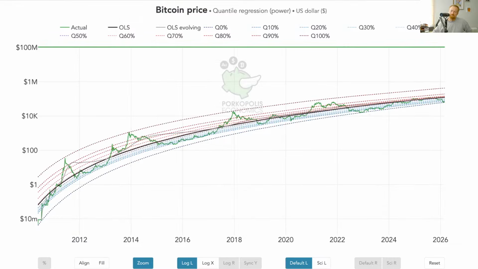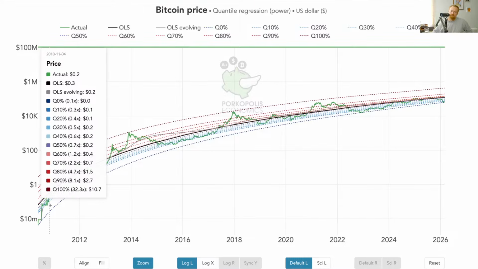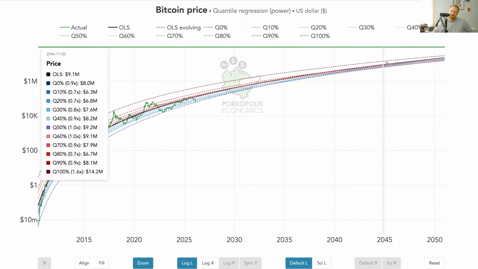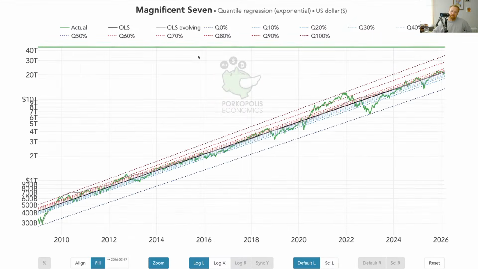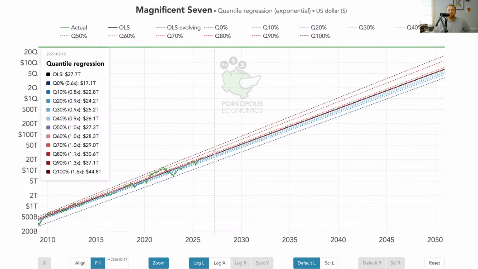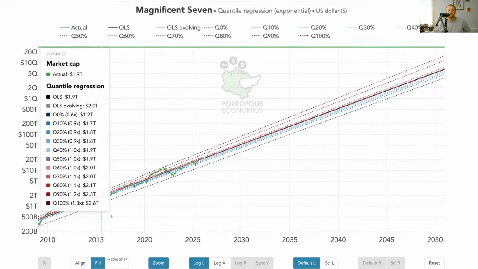All right, again, the multiples collapse in Bitcoin. They converge, whereas some of the multiples on exponential stay parallel or even expand. That's the difference.